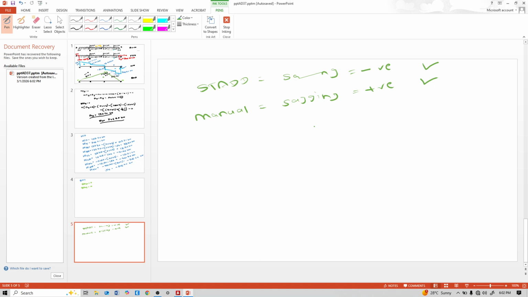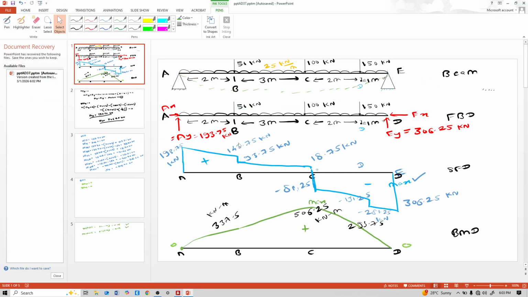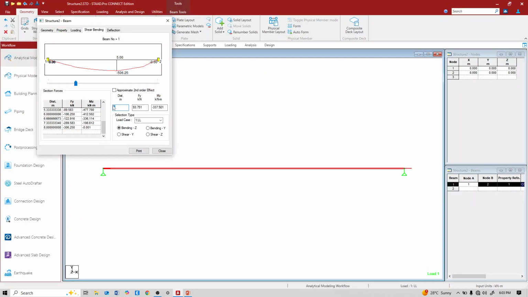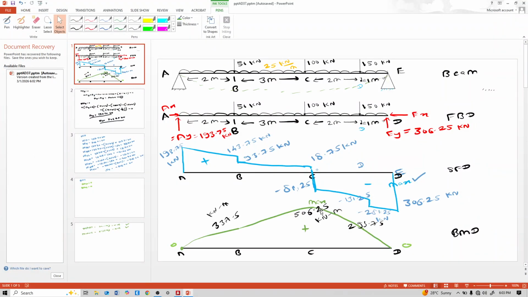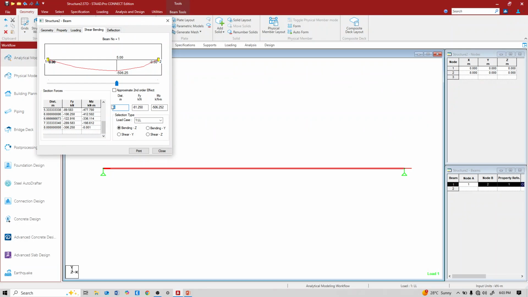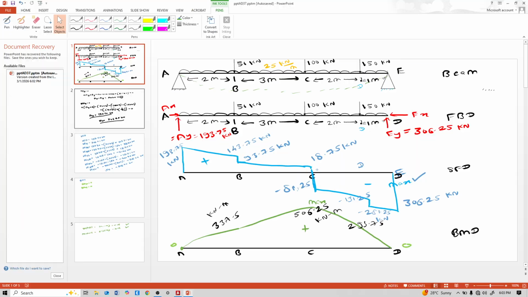And in manual calculation, when bending moment is negative, then it is hogging bending moment. So let's check bending moment values. C is 5 meter, minus 506.252. This is 506.25. That means it is correct. Let's check at 8 meter. It is 0. See, at 8 meter it is 0. That means our manual calculation and software calculation match each other.